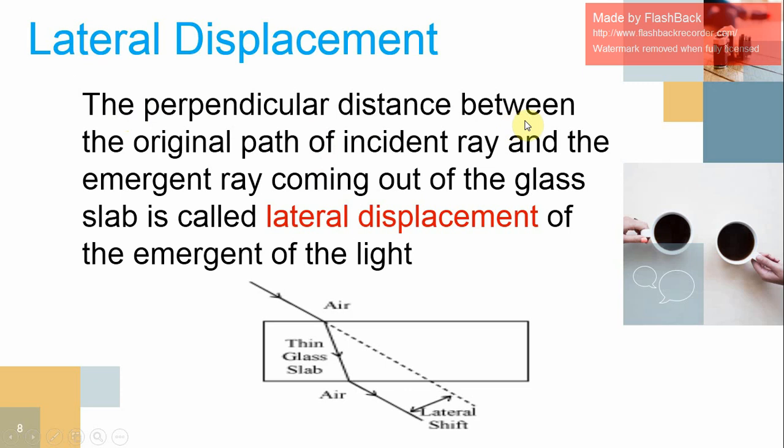The perpendicular distance between the original path of the incident ray and the emergent ray coming out of the glass slab is called lateral displacement, or lateral shift. The direct line and the emergent line are parallel to each other, and the distance between these two rays is called lateral displacement.